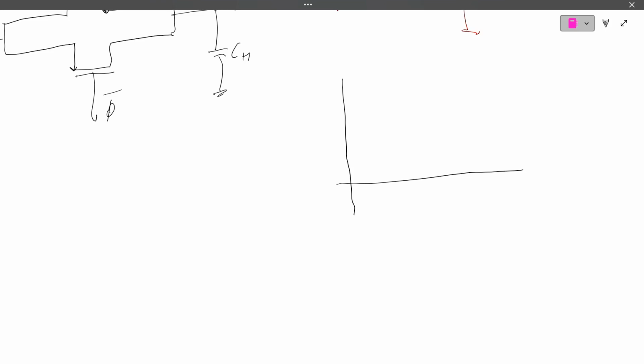If the supply varies, like there is noise in the supply and there is some boost and bump, due to the sudden change in supply, it will affect your Ron resistance. So it will definitely affect your switches. So you will not get the exact signal you want to sample. You will get some disrupted signal at the output side. And in the real world, we don't want a disrupted signal.